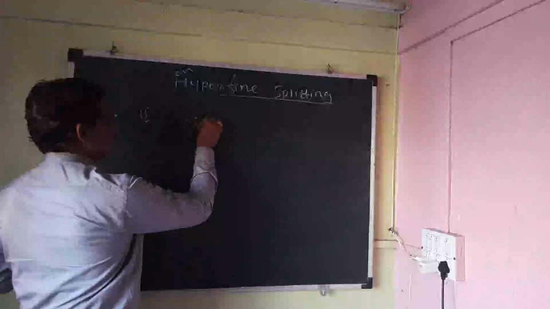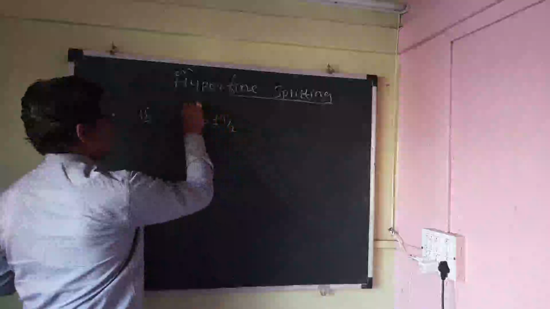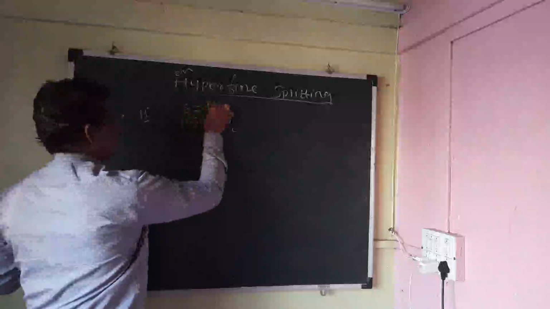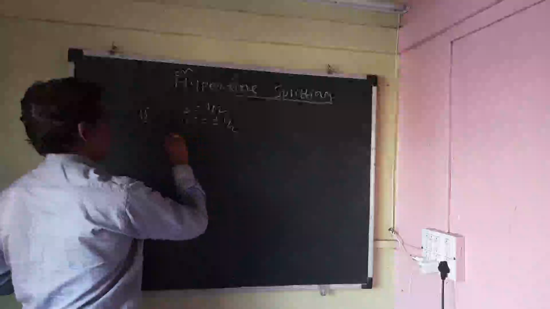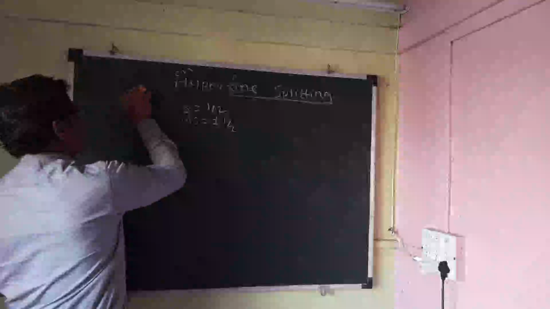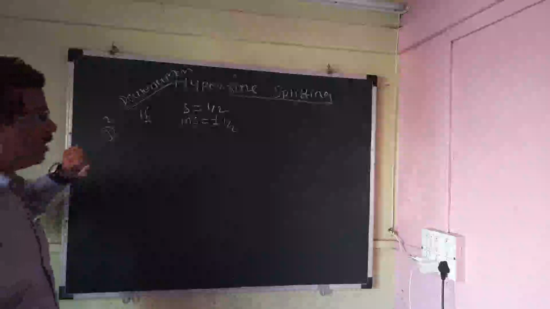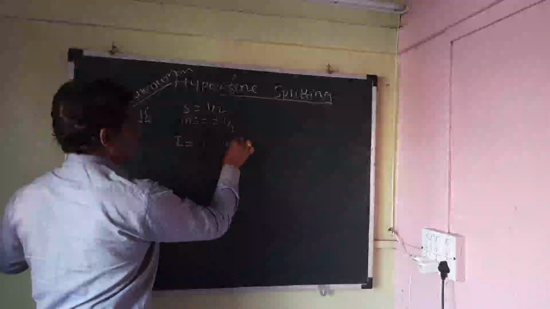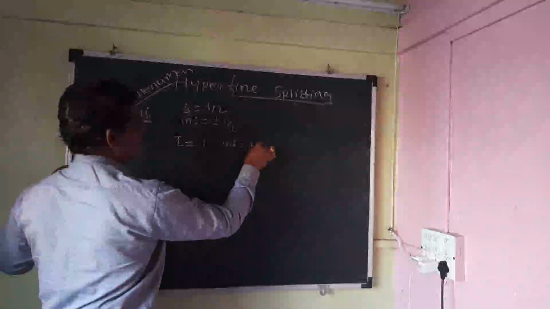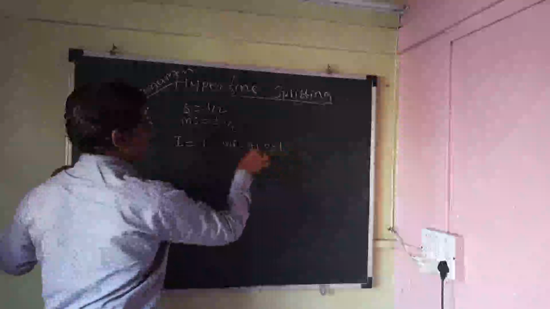Ms is equal to plus or minus 1/2. I is equal to 1, which means Mi is plus 1, 0, minus 1.